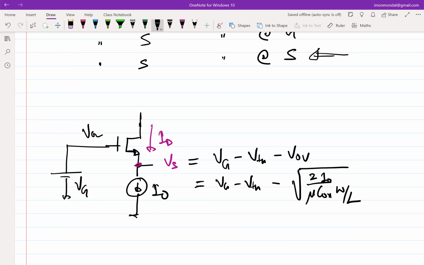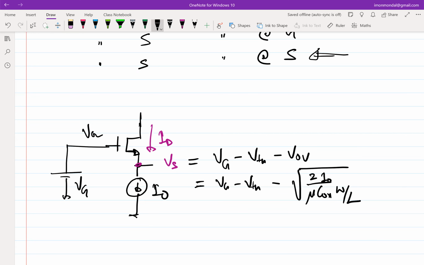And you want this VS to be at least greater than 0. Because even though an ideal current source works across any voltage applied to it, we will not have an ideal current source. This current source will also be made using some transistor, which means that VS cannot go below 0. How much it will go is a different thing, but in this case, let's assume it to be 0.